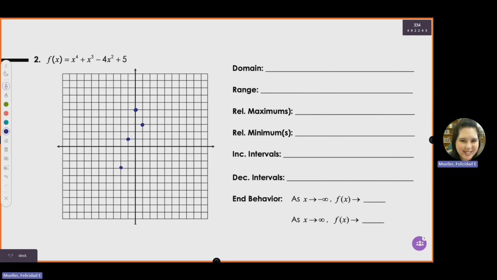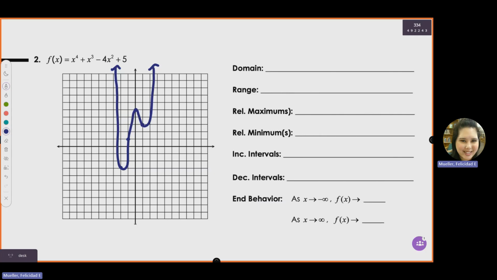That's as best as I can get. Knowing it looks like a W. No, it doesn't have to be exact. It should look about what it's supposed to look like.